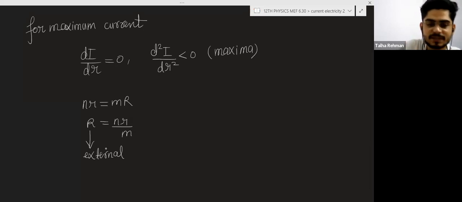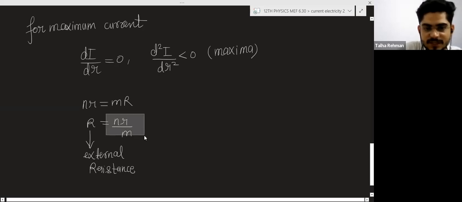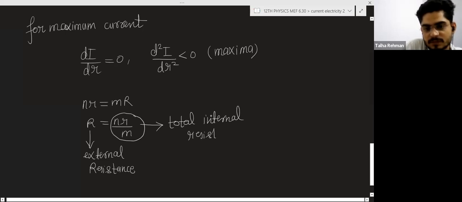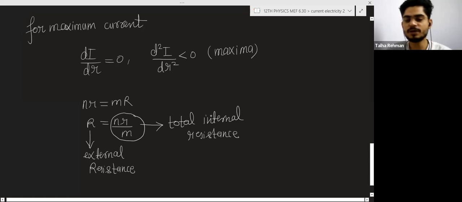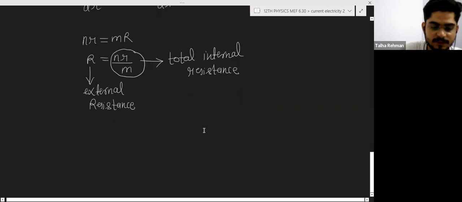R was the total external resistance in the circuit, and NR by M is the total internal resistance. So if we want maximum current in the mixed combination, then the internal resistance of the circuit should be equal to the external resistance of the circuit.